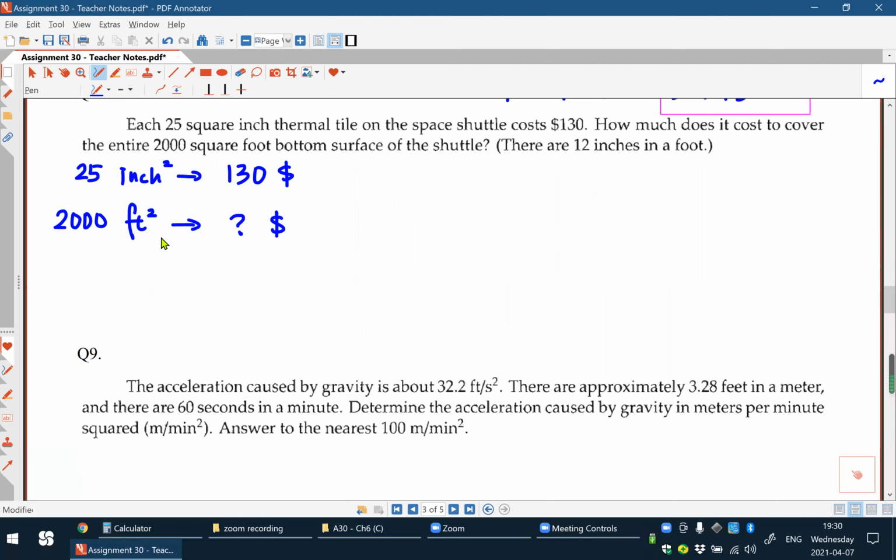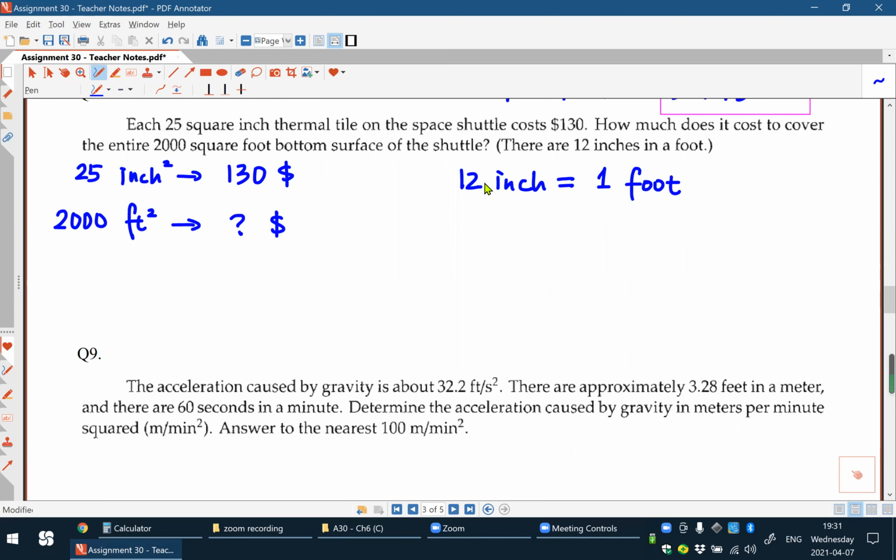So first of all, if we can convert the square feet to square inches, we know how much the total surface costs, right? So from the given information, we know that 12 inches equals 1 foot.